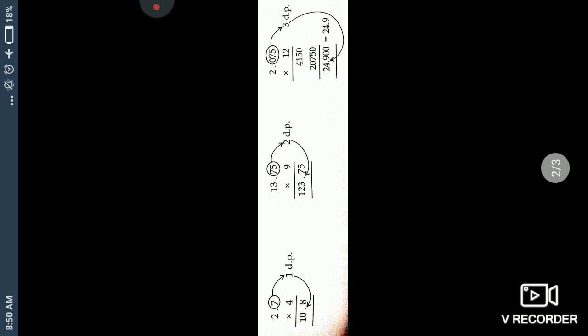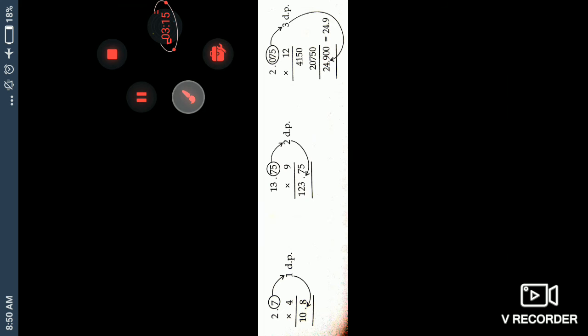And if the decimal is given in one place, then your answer will be in one decimal place. If the answer is in two places, then your answer would also be in two places. And if your answer is in three decimal places, then your answer would be in three places. If zero is there at the end, you will remove it.